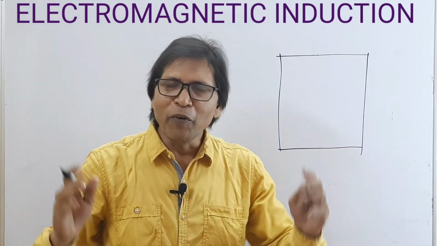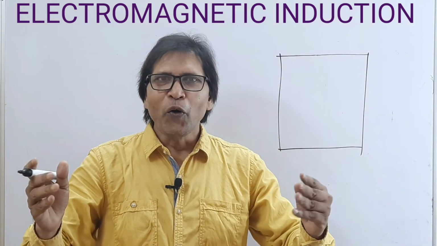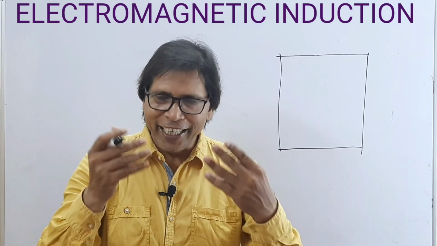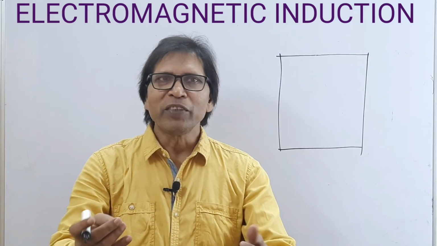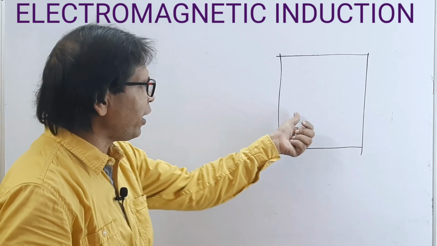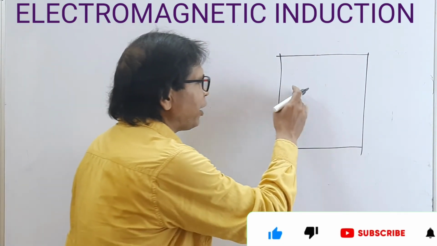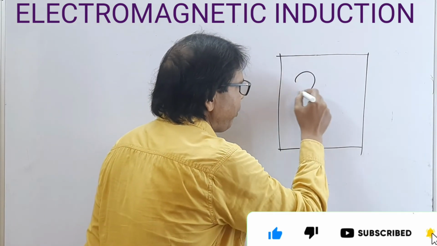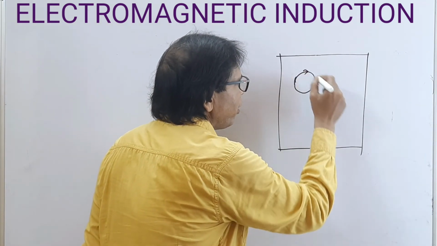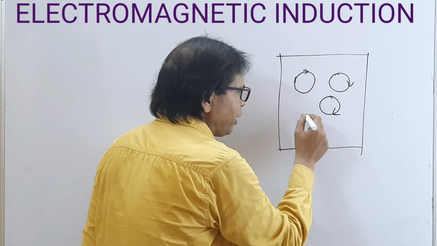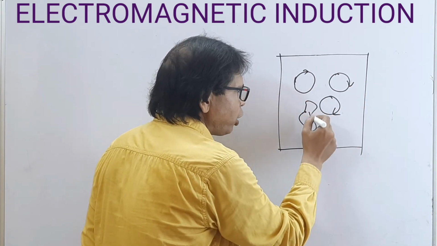Now eddy current. When a metallic plate is placed in a changing magnetic field, then EMF is induced in it. This EMF produces current in this metallic plate in various paths. This current is called eddy current, as discovered by scientist Foucault.